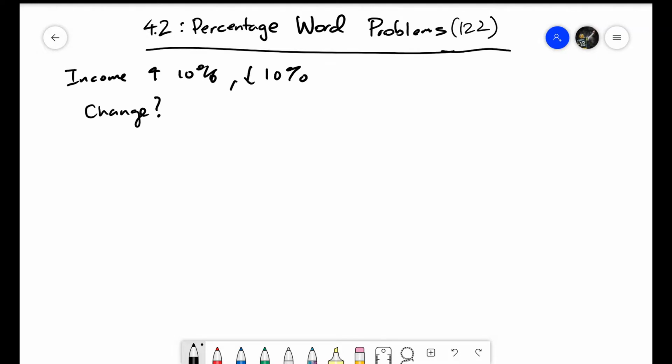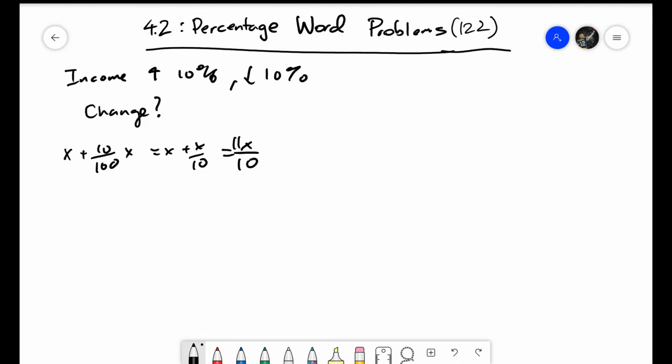So first you have to write the increase of 10% in terms of his original income. So that would be x, if x is the original income. So x plus 10 over 100 times x, which is equal to x plus x over 10, or 11x over 10.